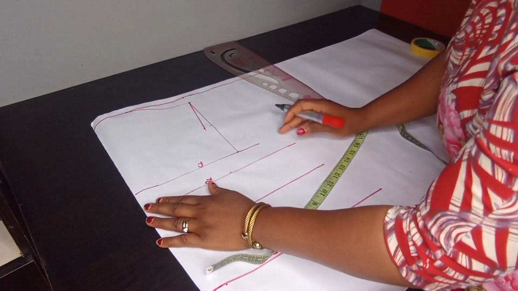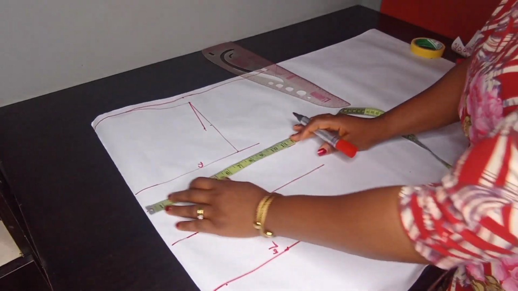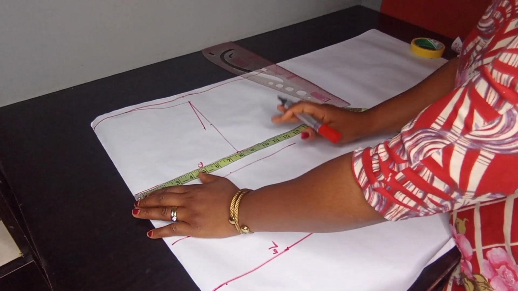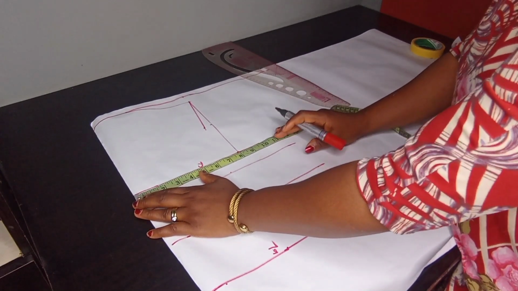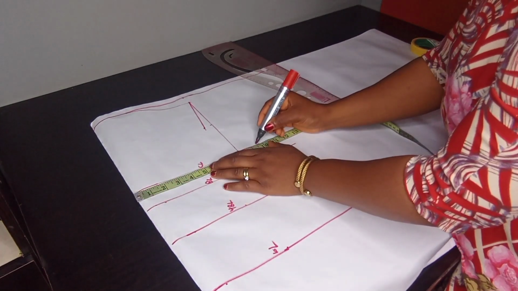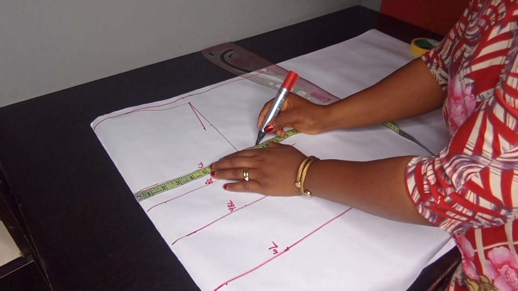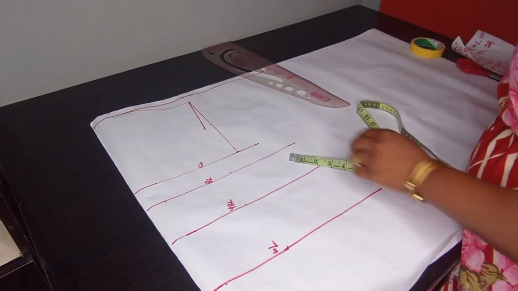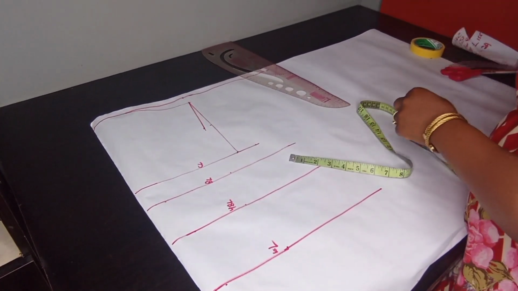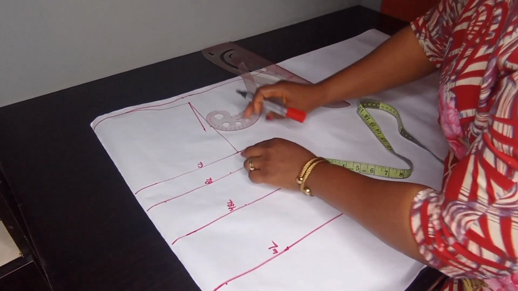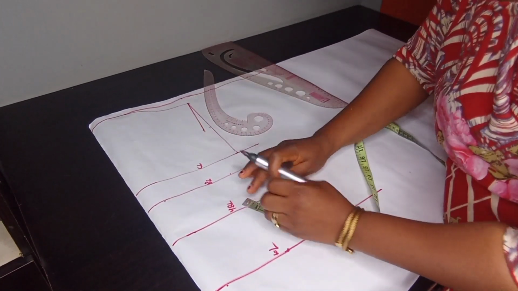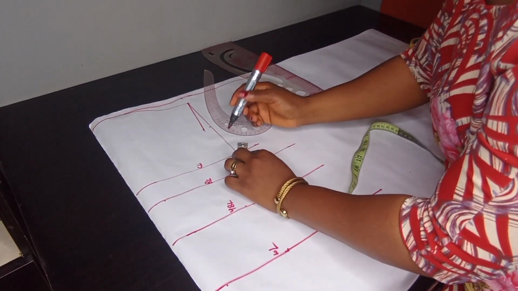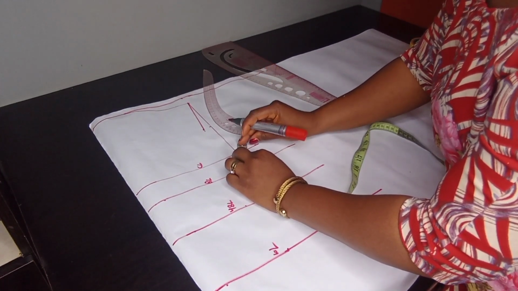Okay, so on this chest line, I'll be bringing down my bust measurement. The bust measurement I'm working with is 38 inches. When I divide it by 4, I have 9.5. So this is where I'll be connecting my armhole to. In order not to place your armhole unnecessarily too deep, you come here and go up by 1 inch diagonally at this point.